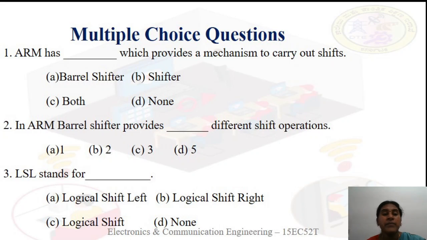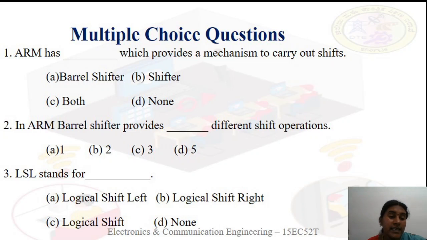To do that, ARM has a special device called a barrel shifter that is mainly used to carry out shifts. So the answer is barrel shifter. The second question: in ARM, the barrel shifter provides dash different shift operations. I already discussed that a barrel shifter provides 5 different shift operations. So the answer is 5.